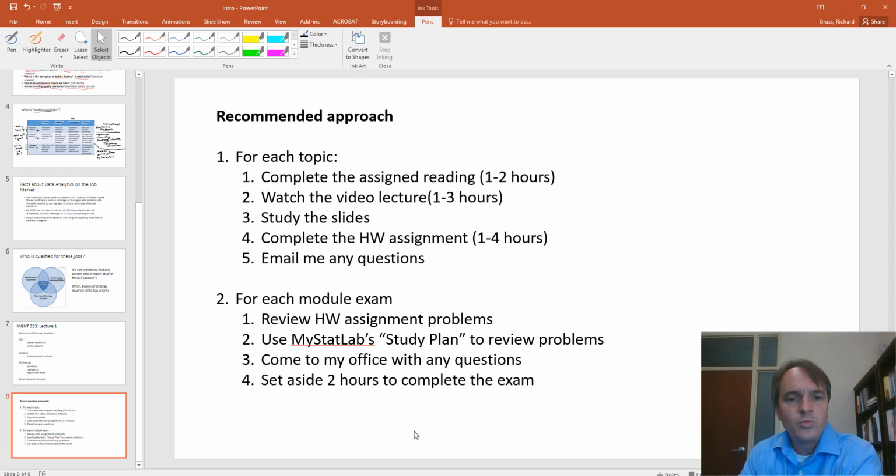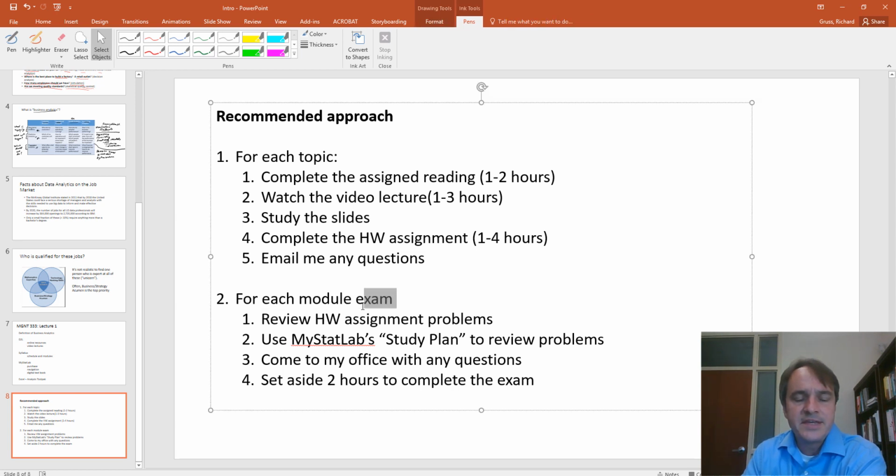At the end of each week, you'll also be wrapping up the module. In preparation for the exam, you should be reviewing all the homeworks. My StatLab has a study plan tab in it, and that lets you pick various questions and practice them. I would advise you to do those if you're having problems with a particular kind of question.